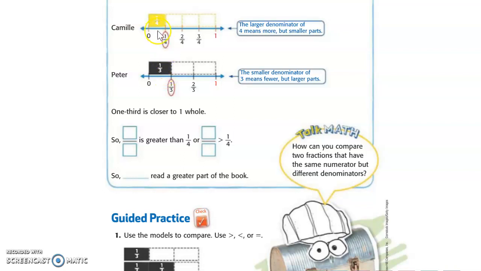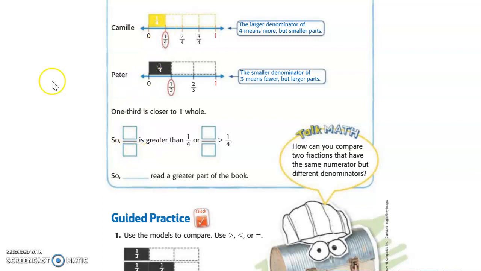If we are comparing these, trying to determine which is larger or smaller, we can see that both of these line up at that 0, but then you can tell that 1/3 is a little bit longer than 1/4.